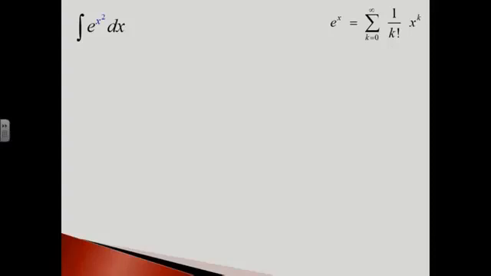Therefore, by replacing x by x squared, we obtain the integral of sigma of 1 over k factorial multiplied by x squared to the power of k dx. Separating the coefficient and the power parts, we get sigma of 1 over k factorial multiplied by x to the power of 2k.